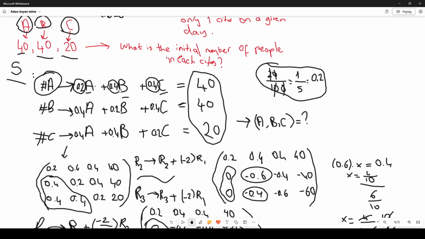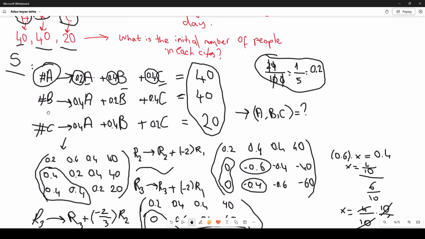So there is a contribution of 40% from B to A and 40% from C to A again, right? So this coefficient comes from this fact. So these coefficients, 0.2, 0.4, and 0.4, are found from the fact that we know the rate of change.